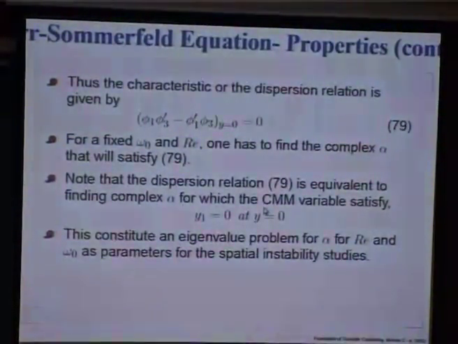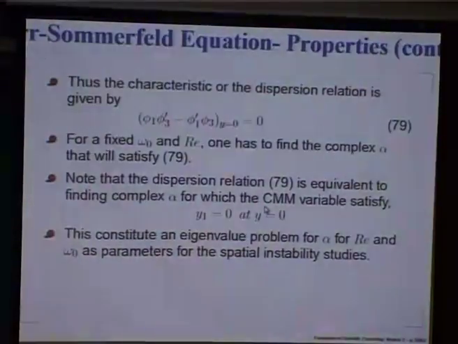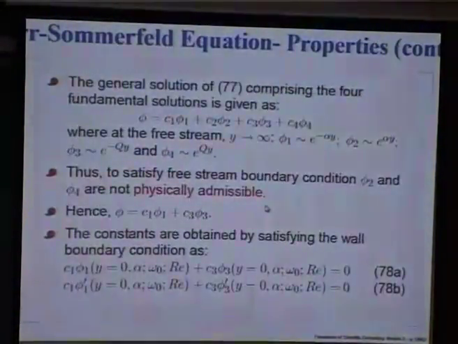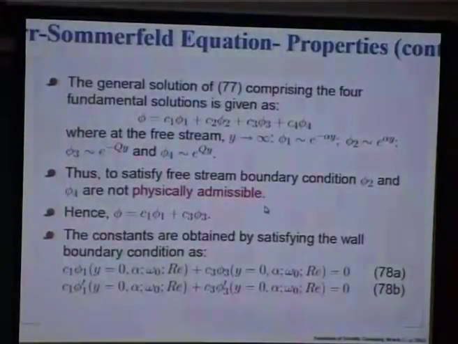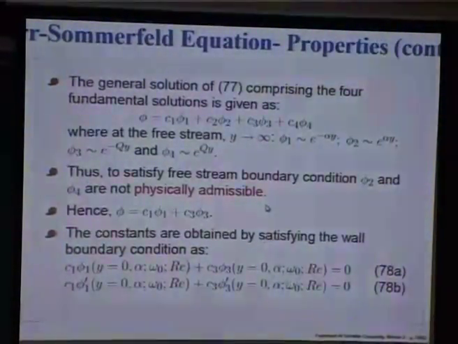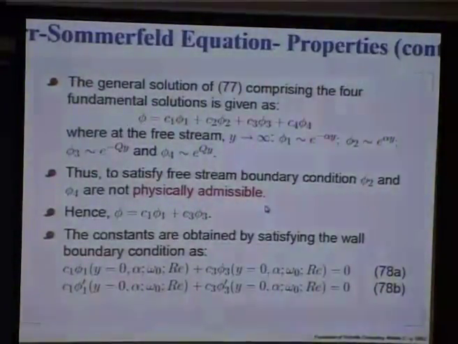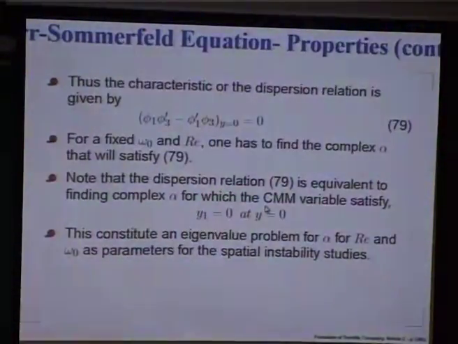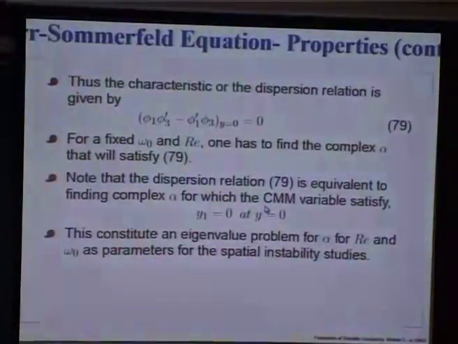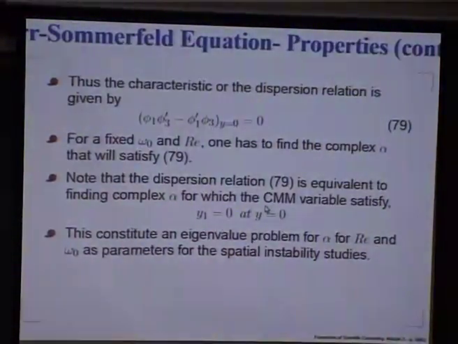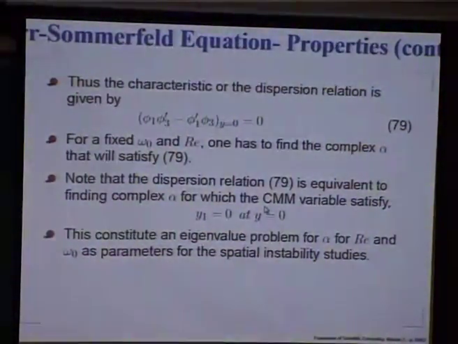If I switch back, you can see that is nothing but this phi 1, phi 3 and phi 1 prime, phi 3 prime. That is your characteristic relation. We will also call that a dispersion relation, and I will define what a dispersion relation is.